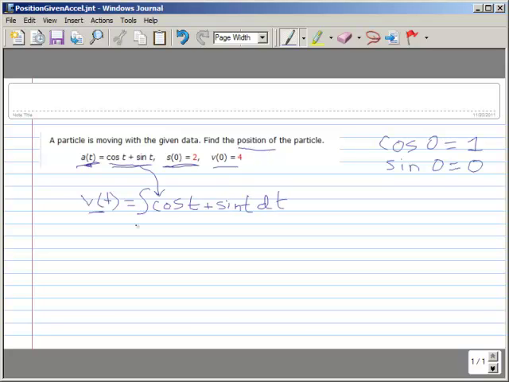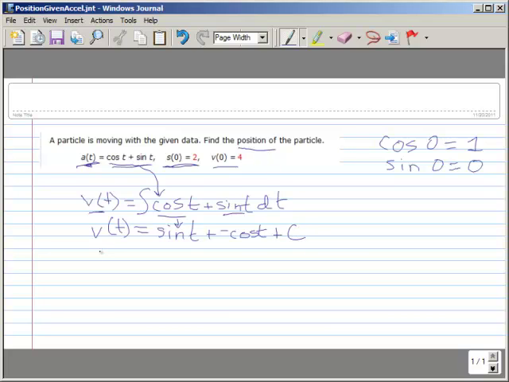So v of t is going to be equal to the antiderivative of the first term, cosine of t. The antiderivative of cosine of t is sine of t. Then the antiderivative of sine of t is going to be negative cosine of t, plus some constant, and we don't know what that is.